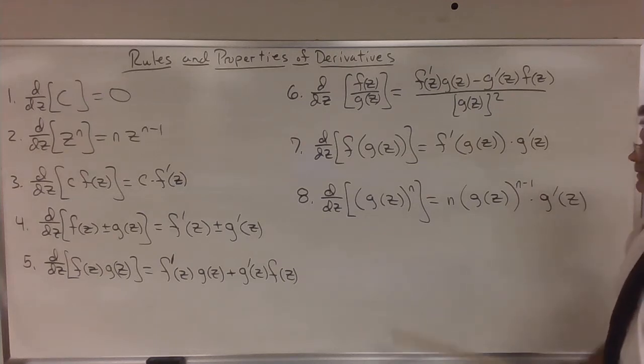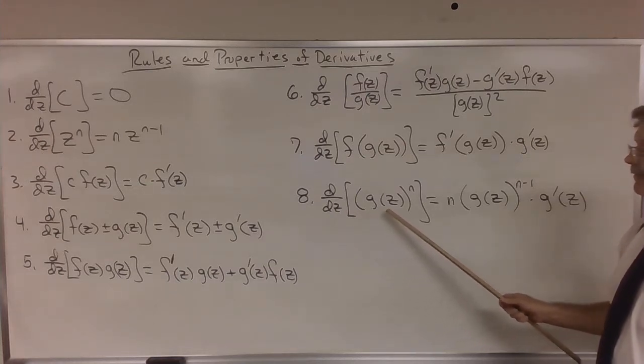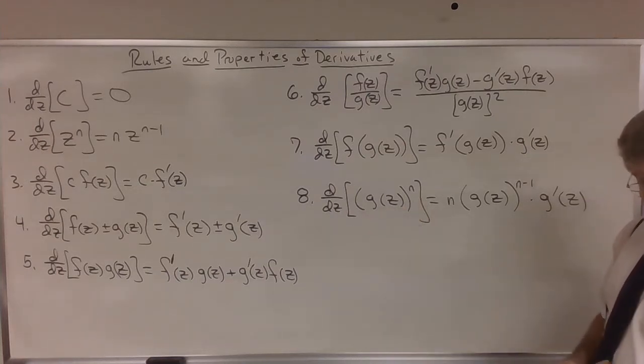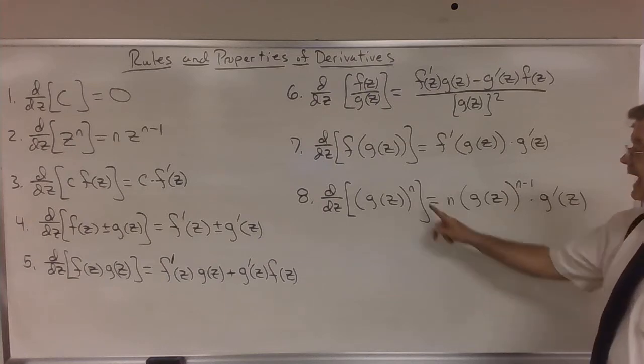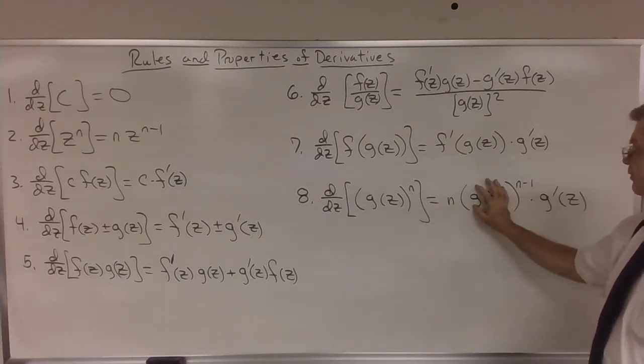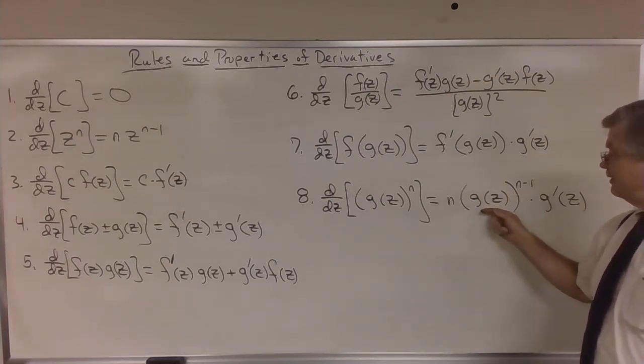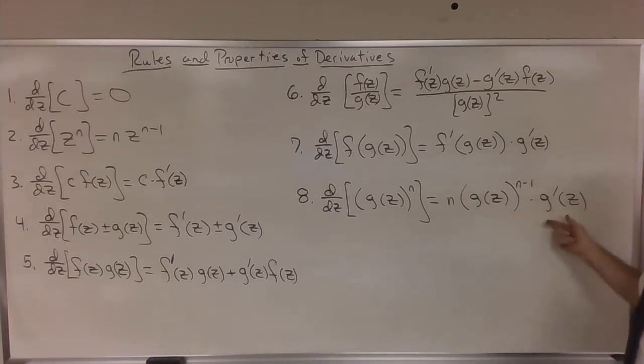And then finally, a special case of the chain rule, the derivative of a function raised to a power. Well, the outer function is raising something to the n power. So this is the derivative of the outer function, n times something to the n minus 1. And it's evaluated at the inner function, and we multiply by the derivative of the inner.